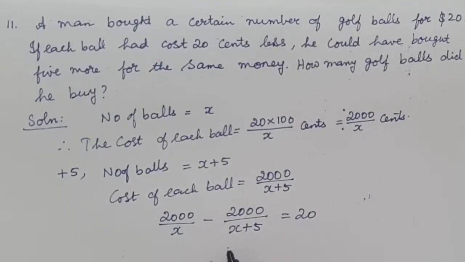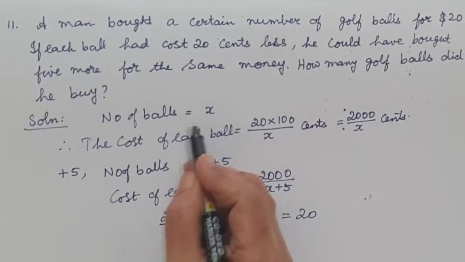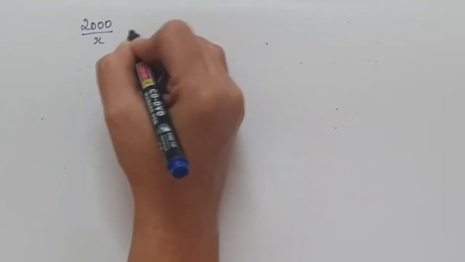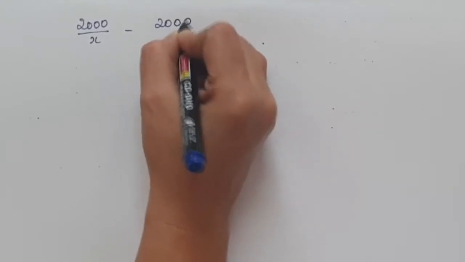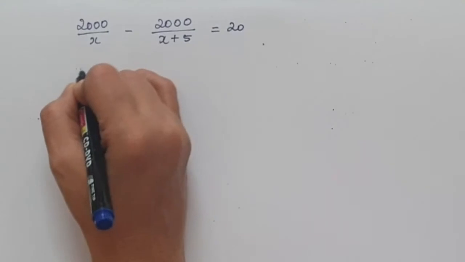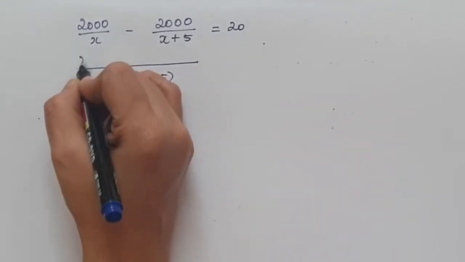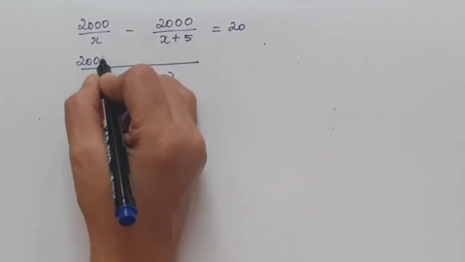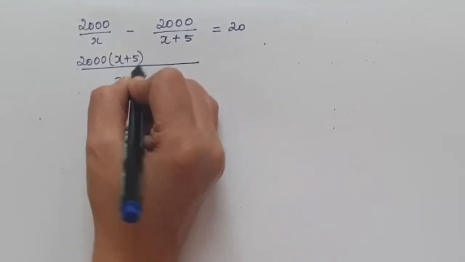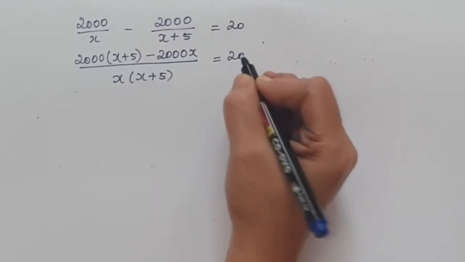Now we need to simplify this and find out the value for x. Once we get the value for x, then we can find out how many golf balls he bought. 2000 over x minus 2000 over x plus 5 will be equal to 20. Now the LCM of it is x into x plus 5. So now 2000 will be multiplied with x plus 5 minus 2000x will be equal to 20.